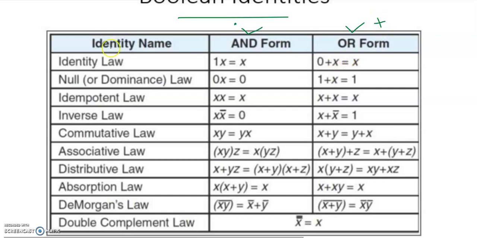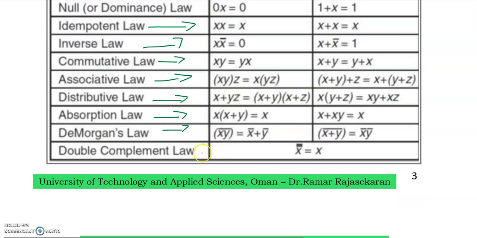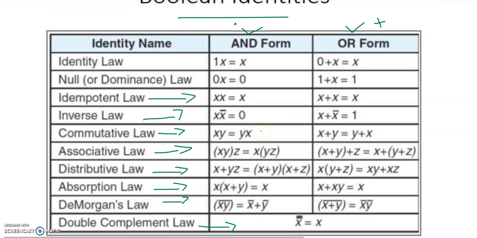The first one is identity law. See, this is the AND form, this is the OR form. Then null law, or dominance law. Then idempotent law, inverse law, commutative law, associative law, distributive law, absorption law, De Morgan's law, finally double complement law. All these are Boolean laws or Boolean identities.